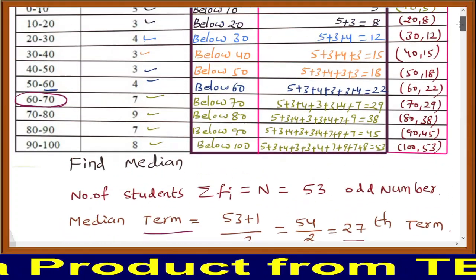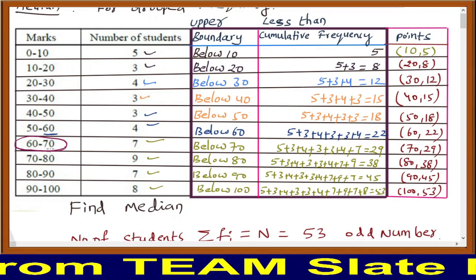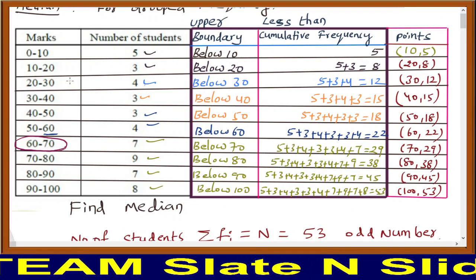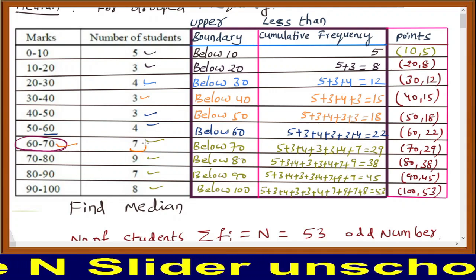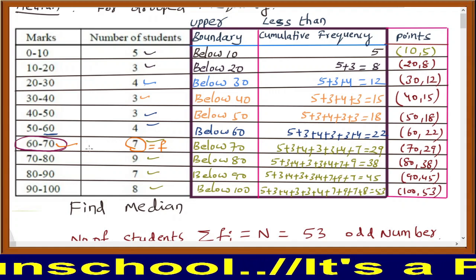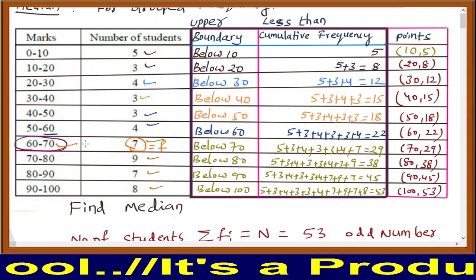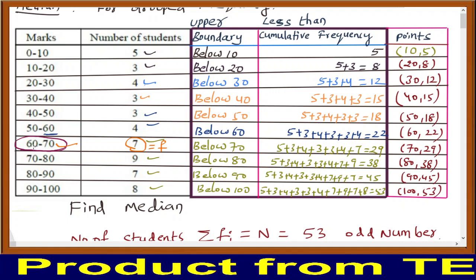So in this question, what will be Cf? Here the median class is 60 to 70, and this 7 will be f. Cf means the cumulative frequency of the class preceding the median class.